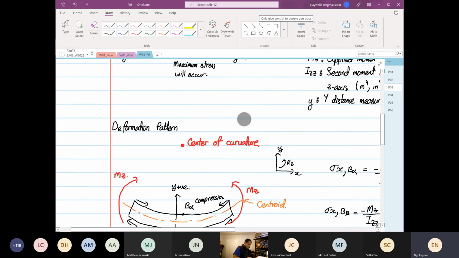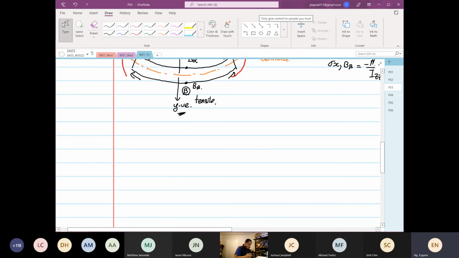Let's do another short example. Okay, a very short one. What if now the bending goes this way? Okay, now the bending goes this way. Right? So this is still our point B. Over here is our point B alpha.